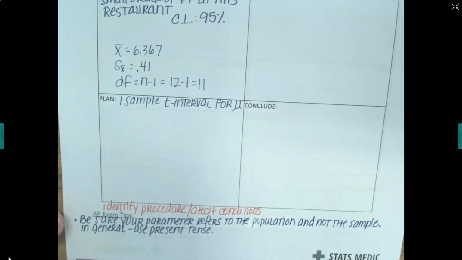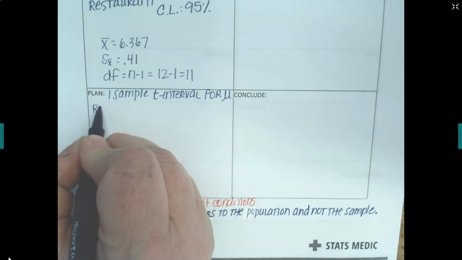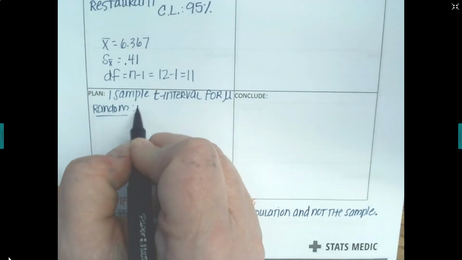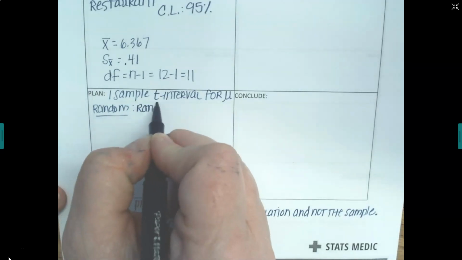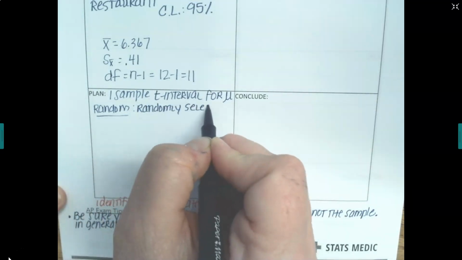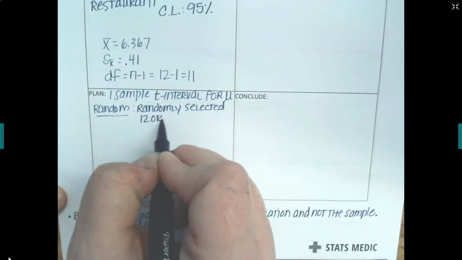Right. So our conditions here, we have random that we have to check. When we look at random, it says randomly selects 12 orders. So we'll write randomly selected 12 orders. Okay.